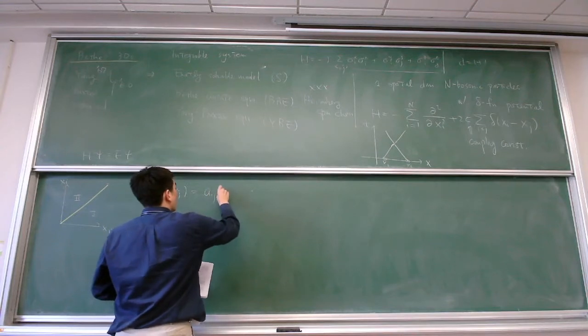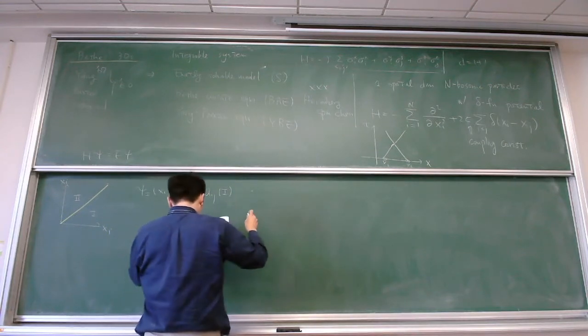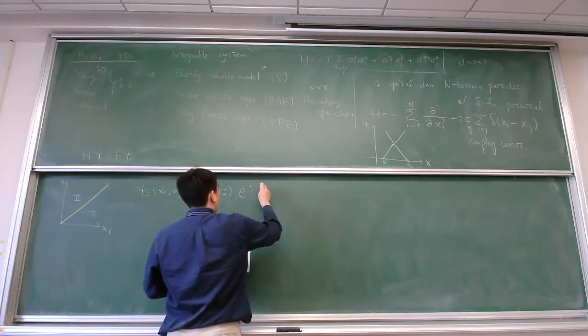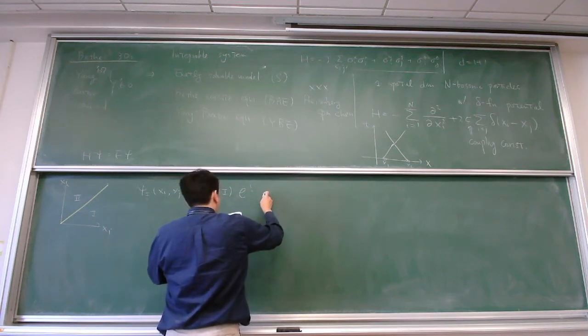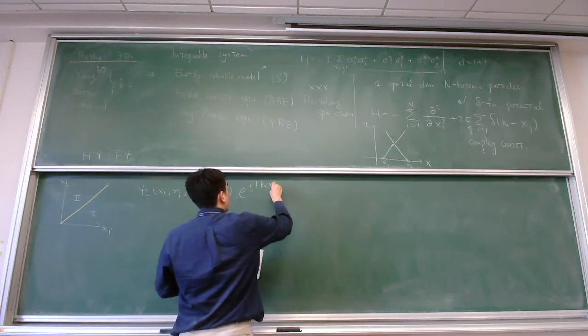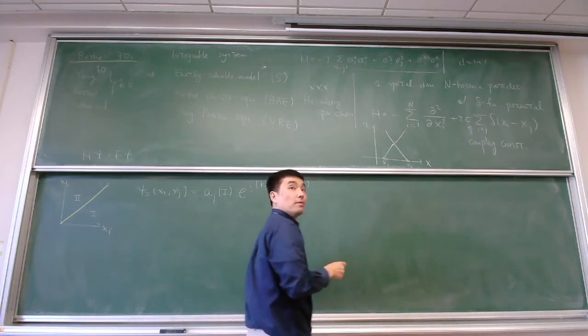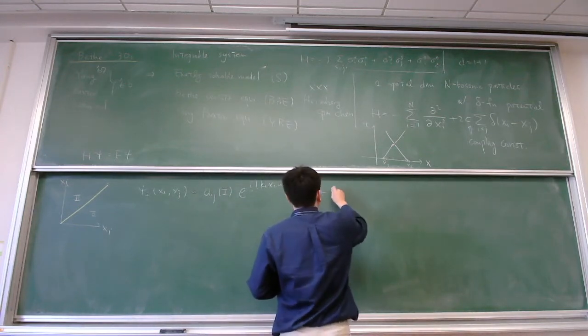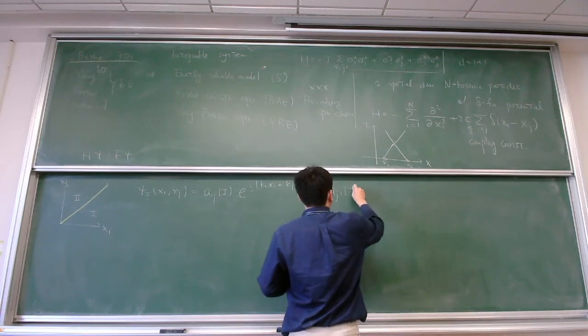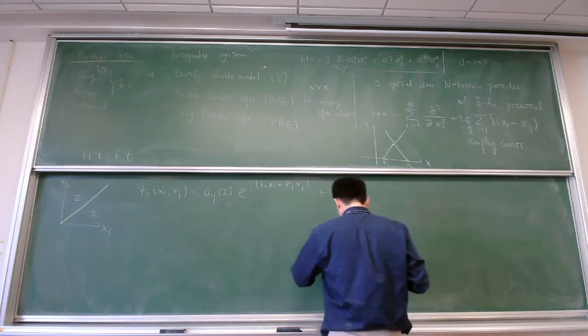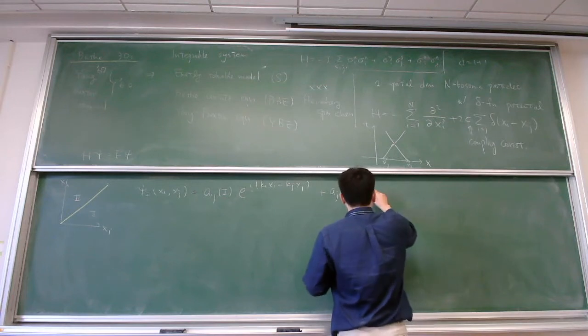A_ij of 1, e to the i, ki xi plus kj xj. Unfortunately, time is limiting. Anyway, I'm not gonna rush because it's already the fun part.